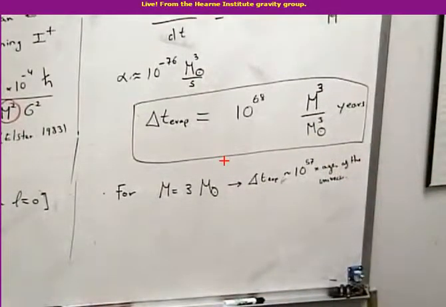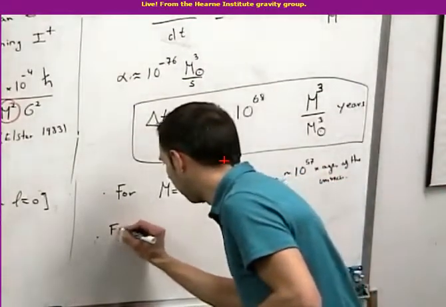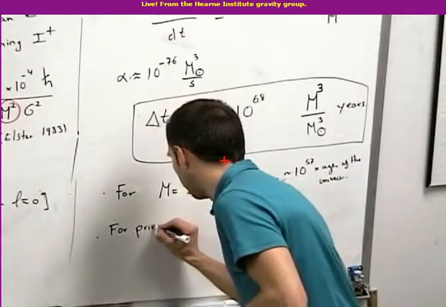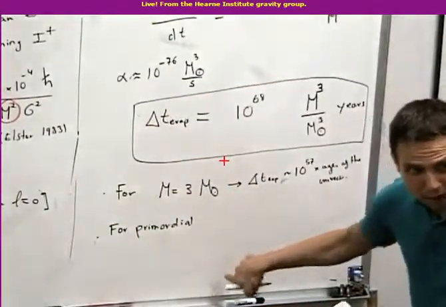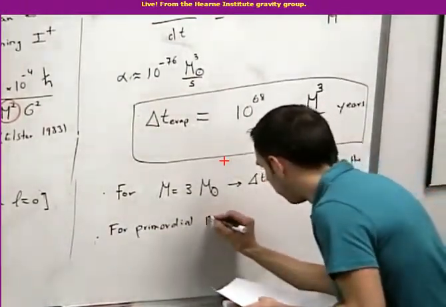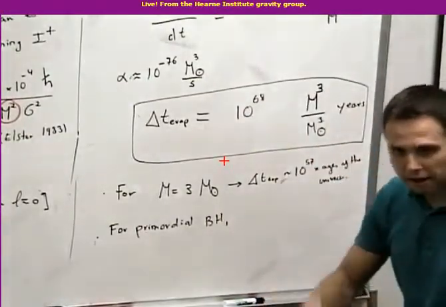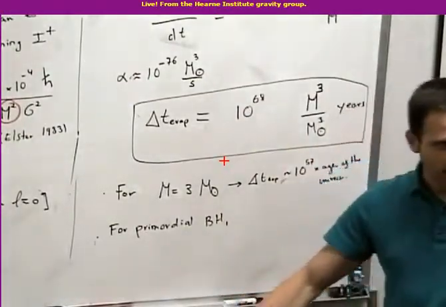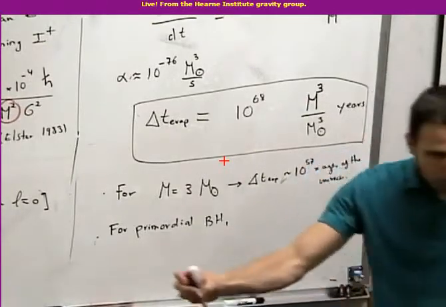Okay. But for primordial black holes, I think the computation is right because I got the right number here, because I knew the answer. Remember what primordial black holes are. In the very early universe, we have density fluctuations, and they could be large enough to form micro black holes here and there.